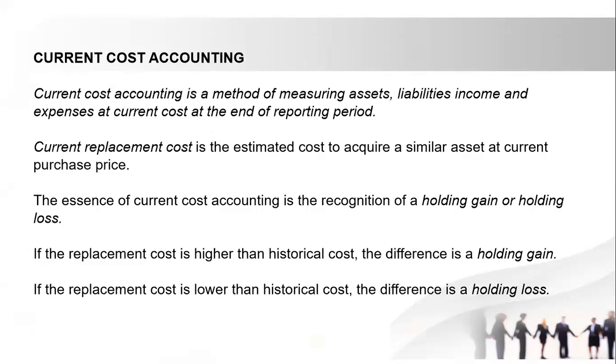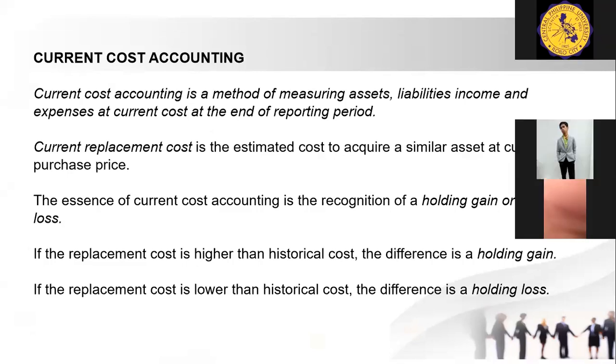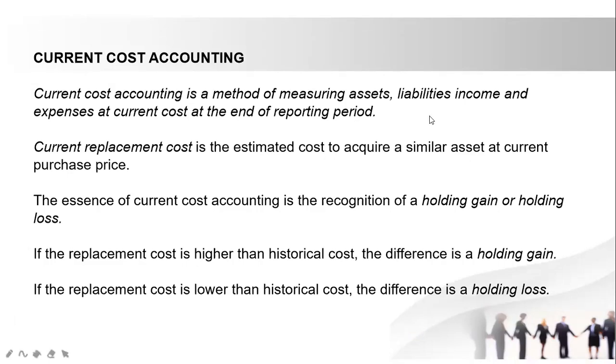So current cost accounting is a method of measuring assets, liabilities, income, and expenses at current cost at the end of the reporting period. Now, current replacement cost is the estimated cost to acquire a similar asset at current purchase price.